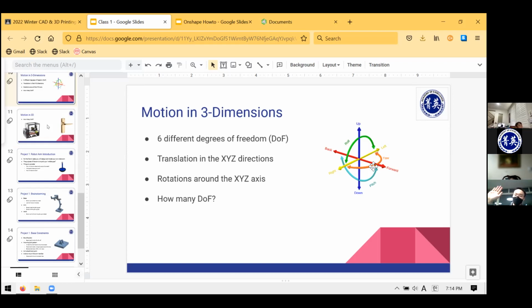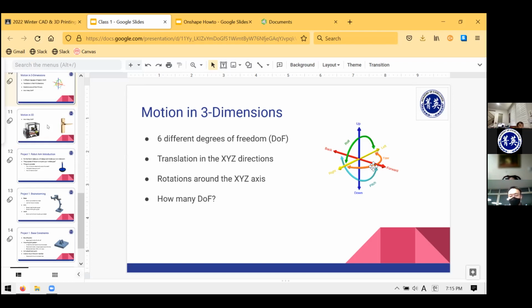I can rotate it this way, like this, like this. So technically, even though my hand is not moving left or right, up or down, or forward and backwards, it is still moving. And that is what I mean when I talk about these rotational degrees of freedom.